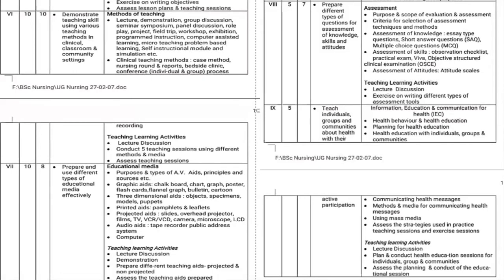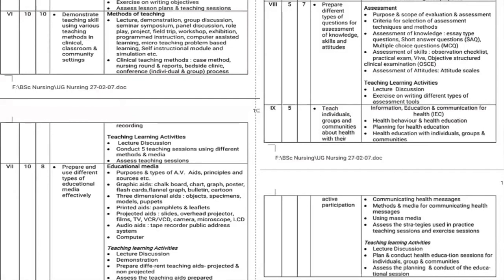In this unit, you learn the rules and regulations, uses, advantages and disadvantages of educational media, AV aids. For example, graphic aids: chalkboard, chart, flip chart, graph sheet, posters, flashcards, bulletin, cartoons, and projected aids. Projected aid is very important.